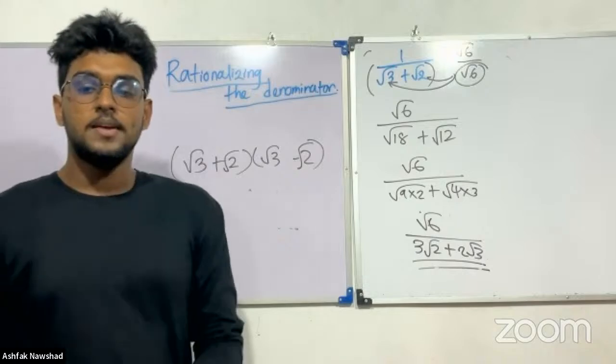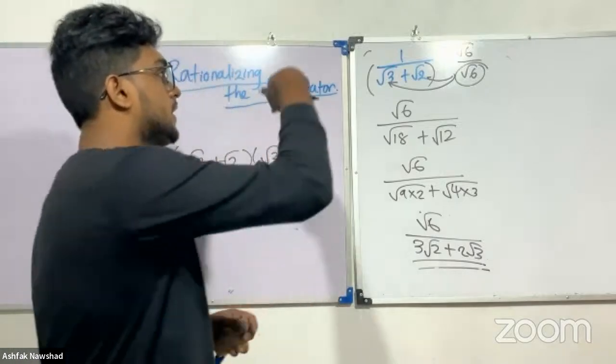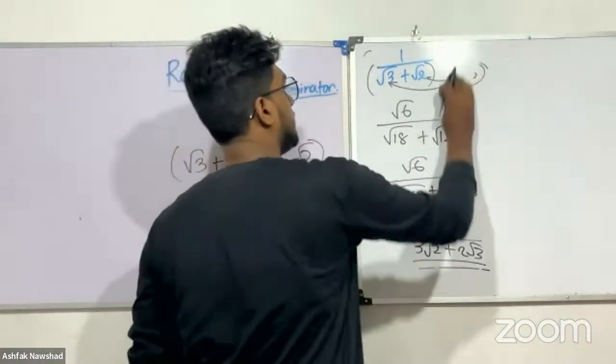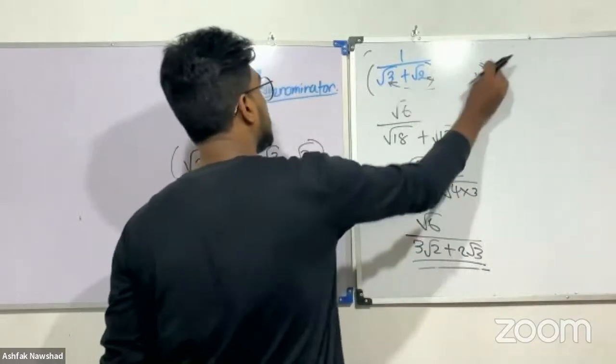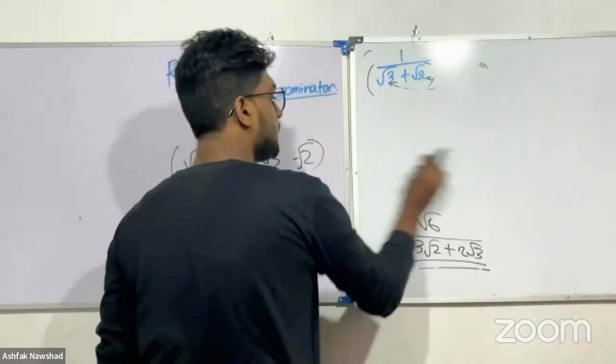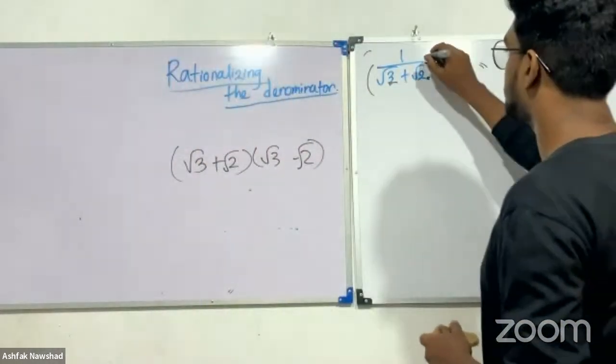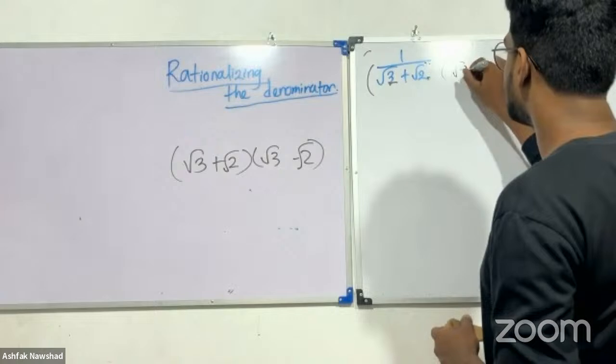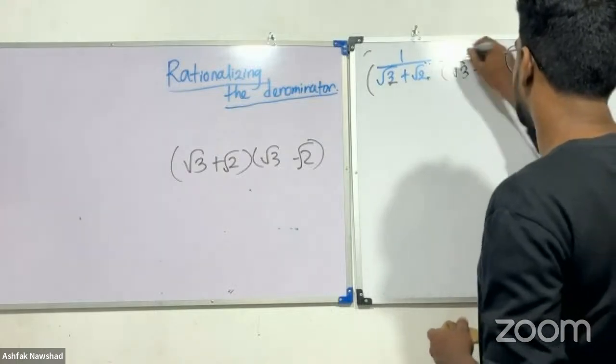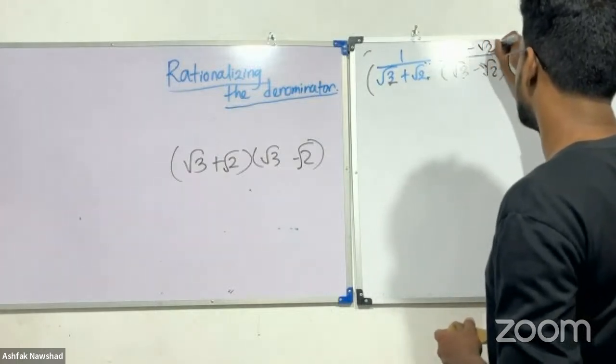Yeah. So if the fraction has a binomial in the denominator, the only way we can solve it is by the conjugate. So the conjugate of root 3 plus root 2 is root 3 minus root 2. I'm going to multiply this by root 3 minus root 2.